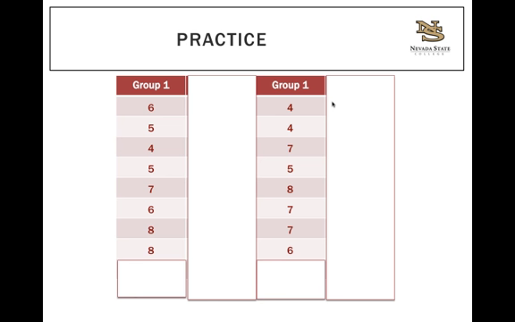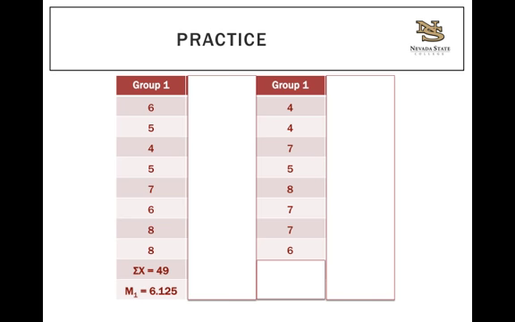So the first thing that we're going to do is simply calculate our means. This is easy stuff. You've been doing this for a while now. So I'm simply going to add up all of my scores and then divide by the number of scores I have. In this case, I have 8 for each group. So my sum for group 1 is 49, divide that by 8, and we get 6.125.